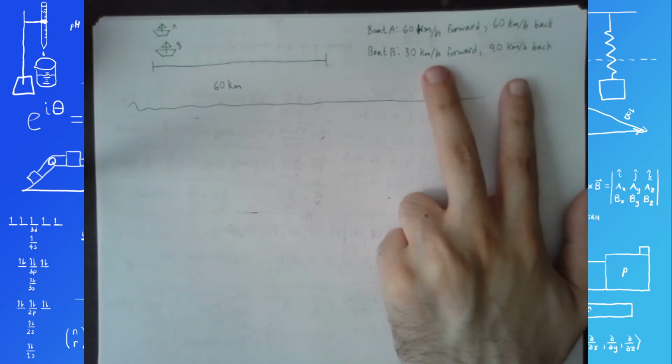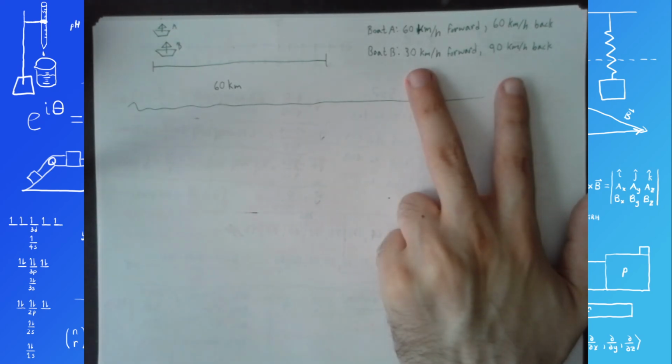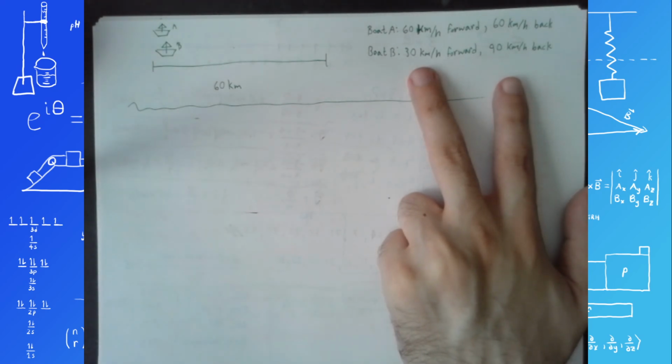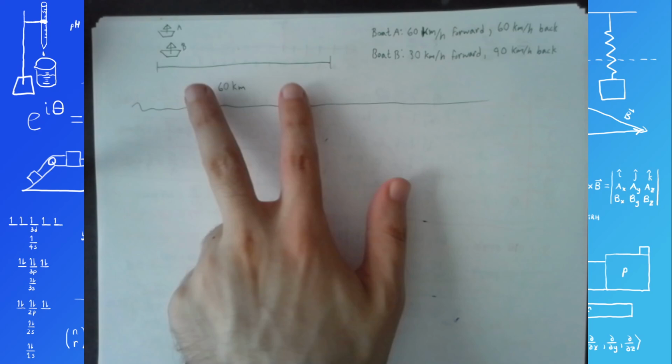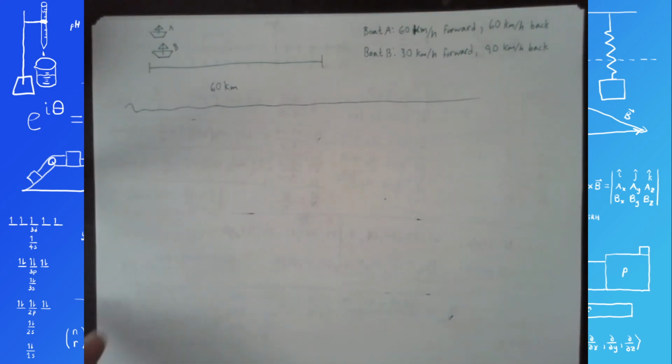But I know for a fact that these two speeds were not used for equal amounts of time because they were used for equal distances instead. And when you cross the same distance at two different speeds, you're going to get two different times.